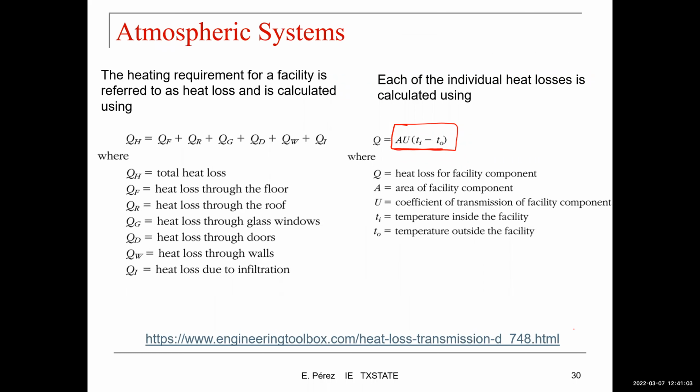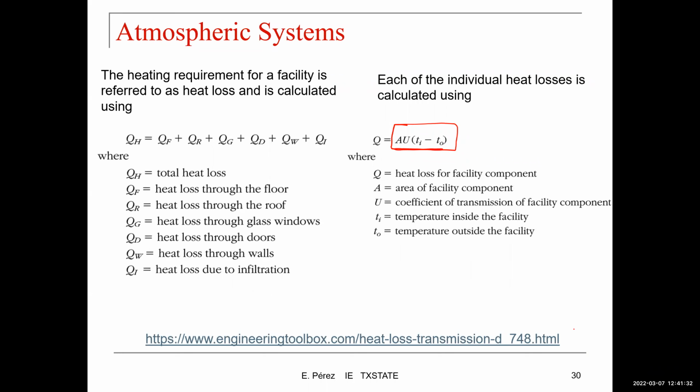For the infiltration, we are basically accounting for the area of the walls and the area of the roof. Infiltration can occur through the roof and also through the walls, so we account for the area of those two components. Here's the equation that we use: Q equals A times U times the temperature difference, inside versus outside.